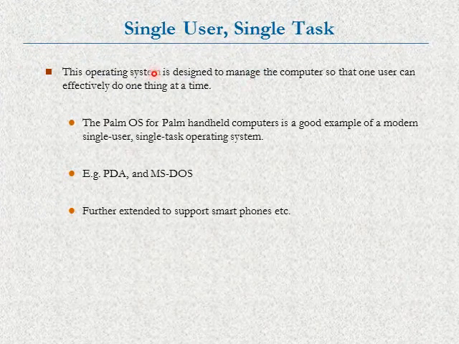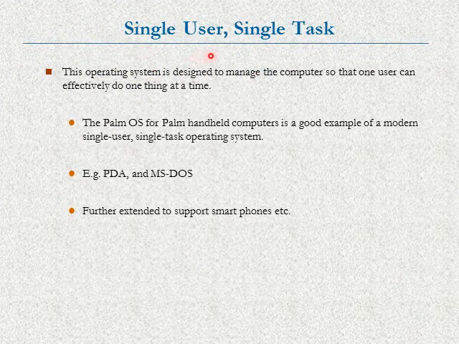As I have earlier discussed, the single user, single task is an operating system that allows a single user with a single task to work on a machine. MS-DOS is an example of this.